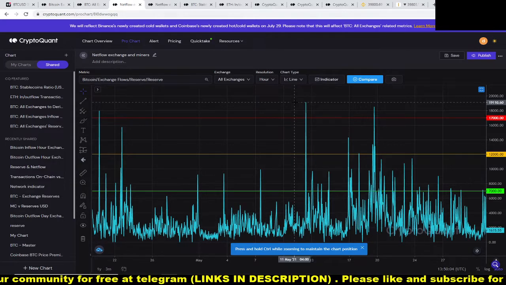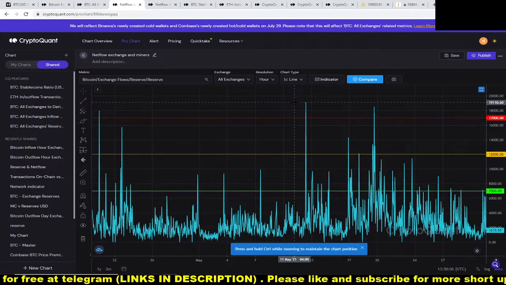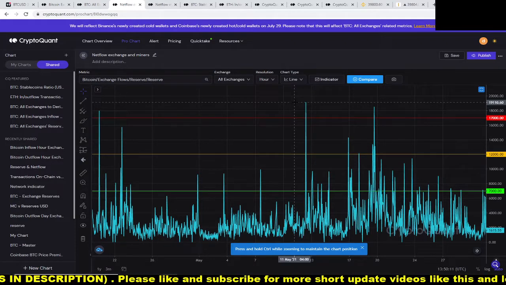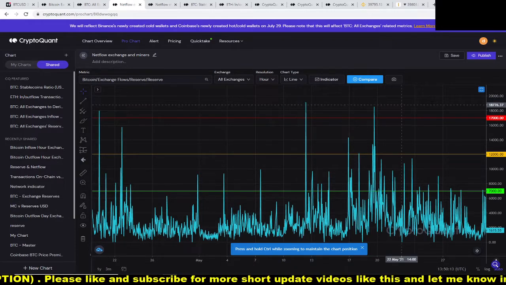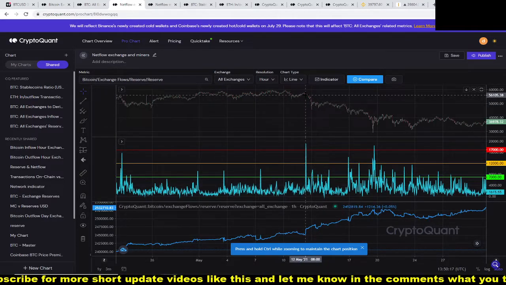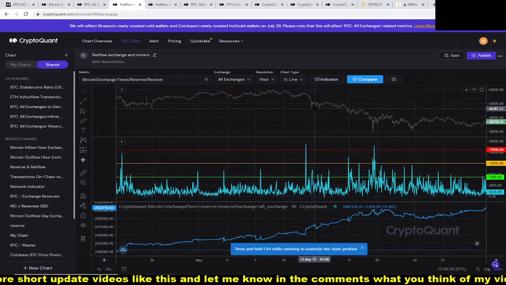Even if I buy one or another altcoin with it, that money from Bitcoin will flow out of the Bitcoin market. And 20,000 Bitcoin, that's a lot of Bitcoin. Look what the price did. We dumped down.